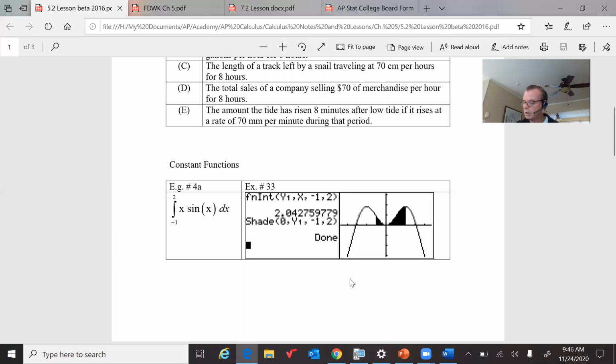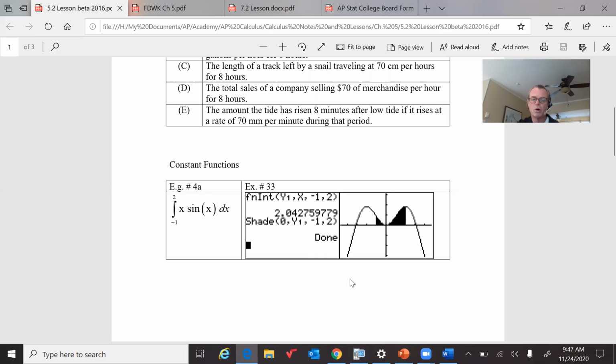So all this is you using the technology to find the exact, as it were, area under the curve. It's considered exact if you take the 3 decimal places. So the first half of 5.2 was how to write the question. And now you're using technology to approximate the area under the curve.